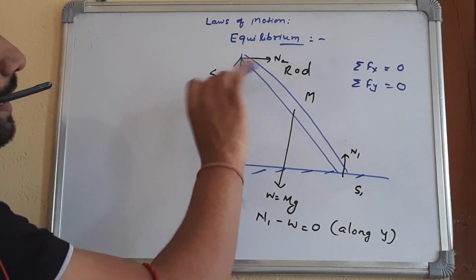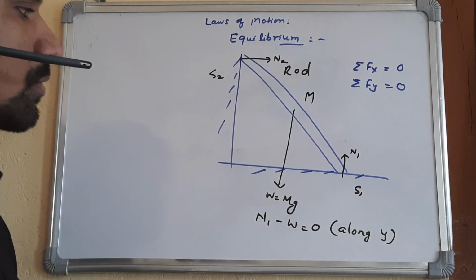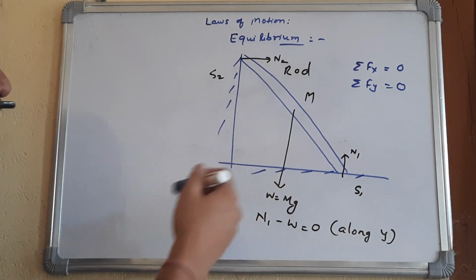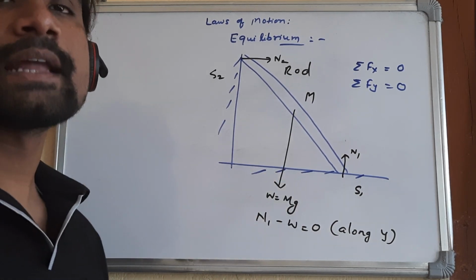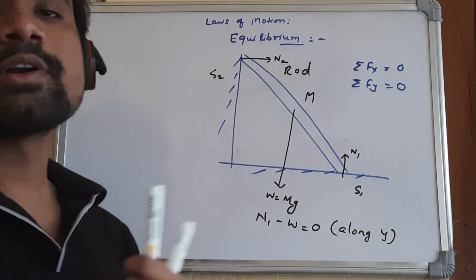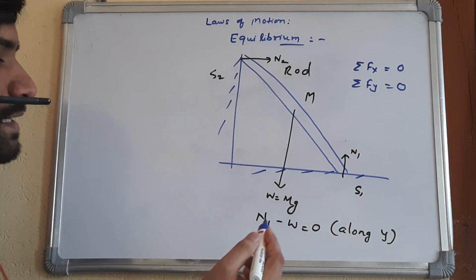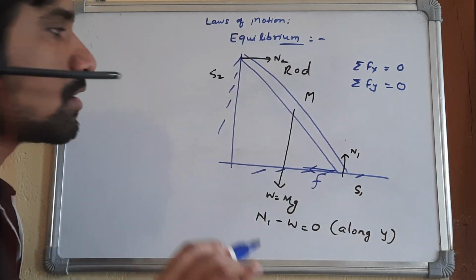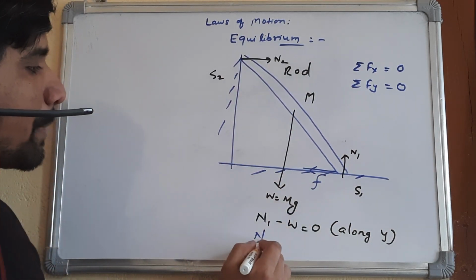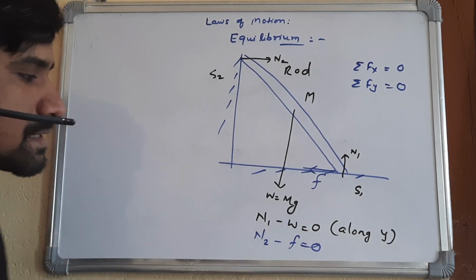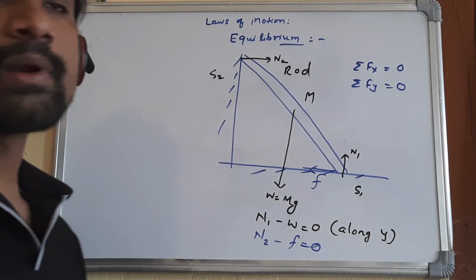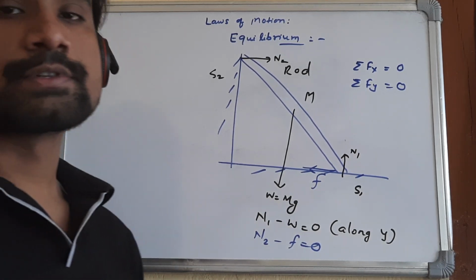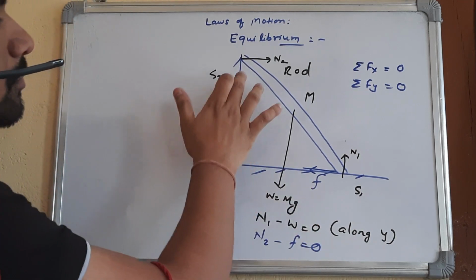So along x there is N2 here, right? Along x there is N2. But you see there is no other force coming up. But there are forces which we have not discovered as of now. But let's say there is some force here which can be a frictional force. We will discuss later on. So N2 minus F will be 0 in that case. So N2, normal reaction 2, will be equal to the frictional force at this end. So there can be a frictional force here as well.